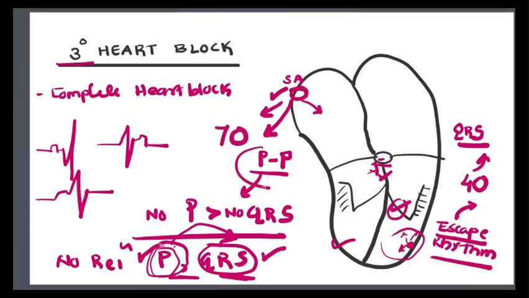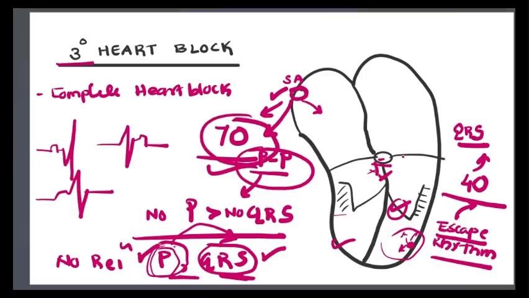And the PP interval and RR interval always remain regular, and there is no relationship between P wave and QRS. The number of P waves is obviously more than the number of QRS, because P wave is due to the SA node, and impulse generation by the SA node is much more than the impulse generation due to escape rhythm.